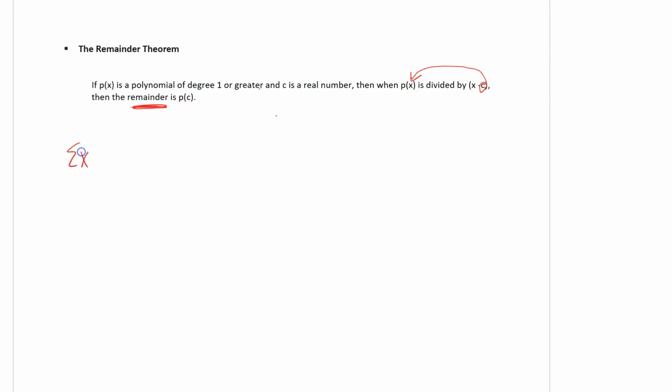And so from our example above, when we were dividing using x equal to negative 3, the remainder was 1. So by the remainder theorem, p of negative 3 would be equal to 1.